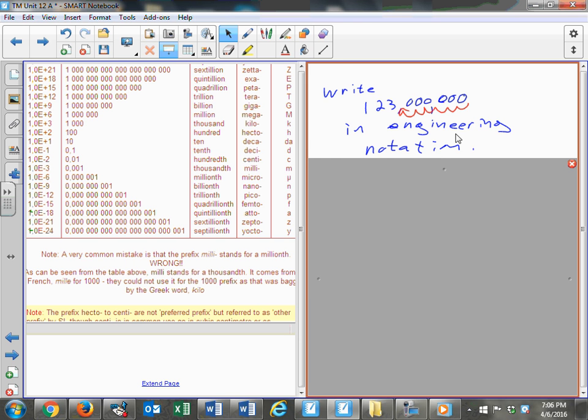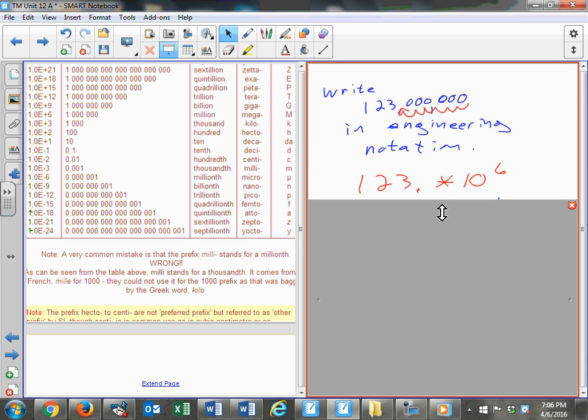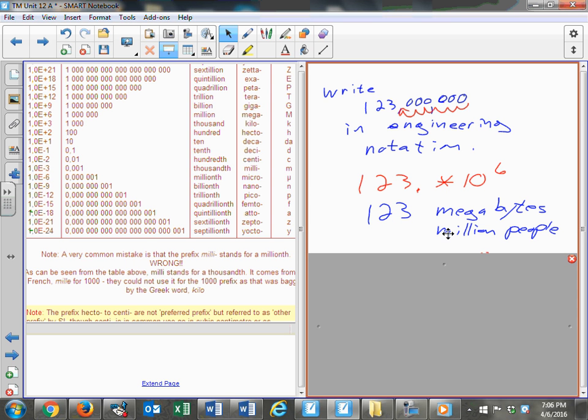And then you just count up how many spaces I moved it, which was 6. So that's 123 times 10 to the 6th in scientific notation. And in engineering notation, it would use either the prefix mega, like if it was something electronic or scientific. But if you're reading it in the newspaper or something, you'd say probably million. If you come over here and look up 10 to the 6th, winds up being mega.